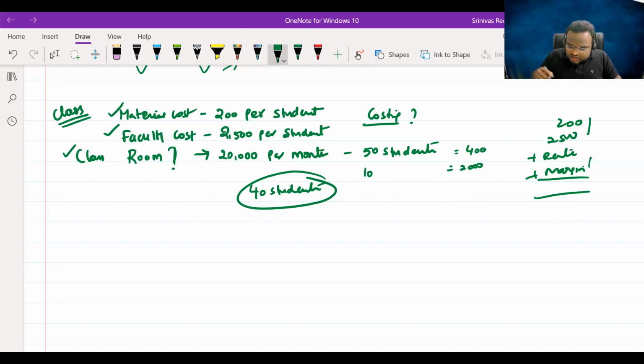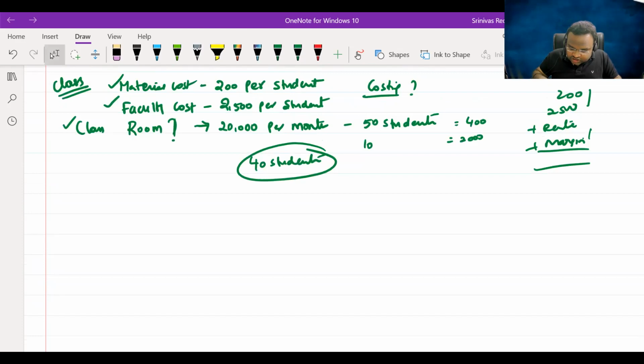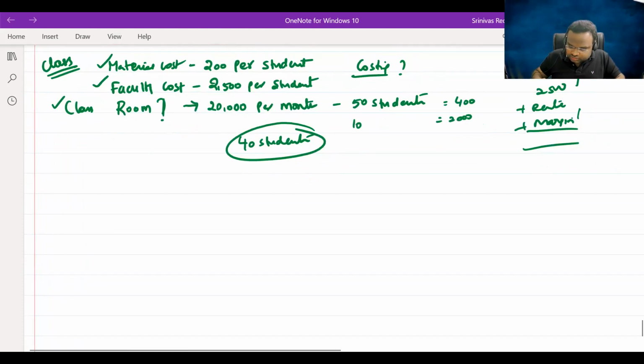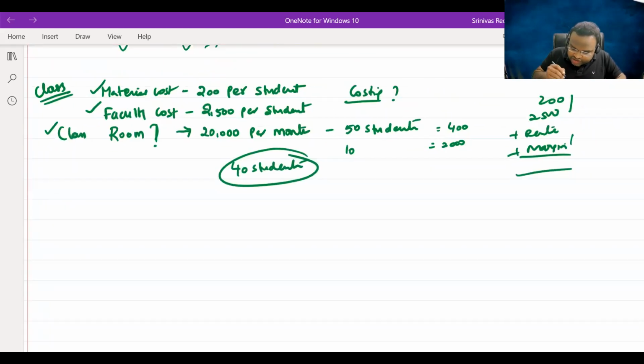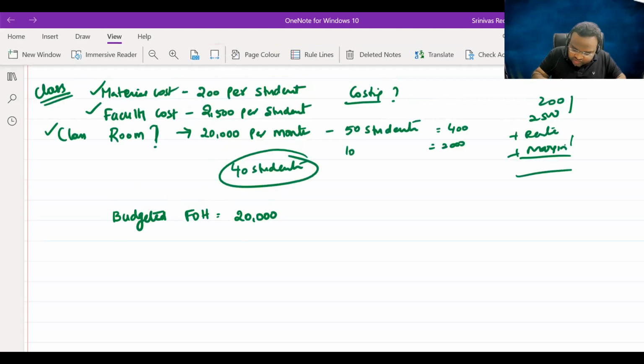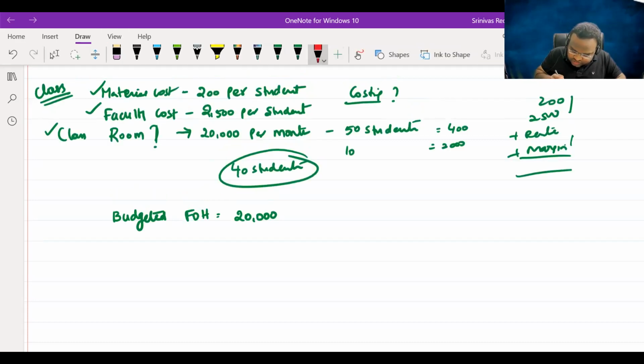Now see here, I am discussing only fixed overhead. I have estimated my cost of fixed overhead would be 20,000. This I am naming a term called budgeted fixed overhead. Remember, I have a few terms which you need to understand.